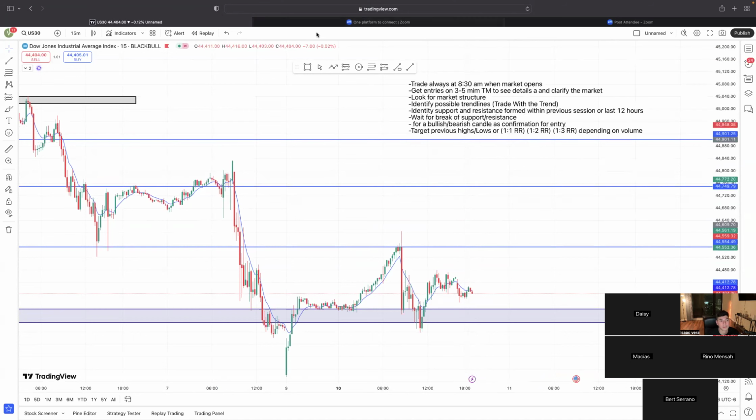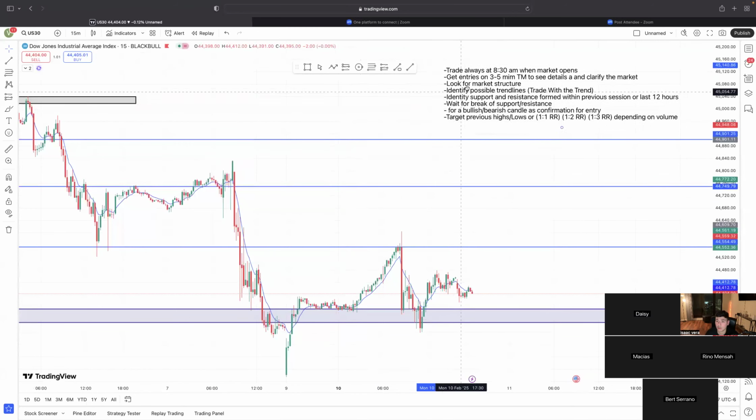And if you've realized, we are trading US 30. US 30 is basically the 30 blue chip companies that have the most assets in the United States economy. So when the market opens, a lot of buyers and sellers are placing their buys and their sells right when the market opens. That's why we have the most volume when we are trading at 8:30 a.m.